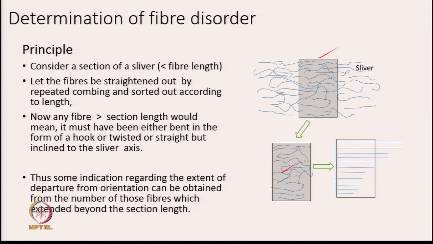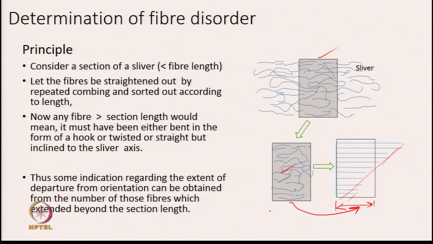Let us comb out these portions of the fibers, and after combing, let us arrange the fibers in order of decreasing length as shown in this diagram. Now, within this, any fiber whose length is greater than the section length, like this is the section length from here to there, which is equal to this section length.